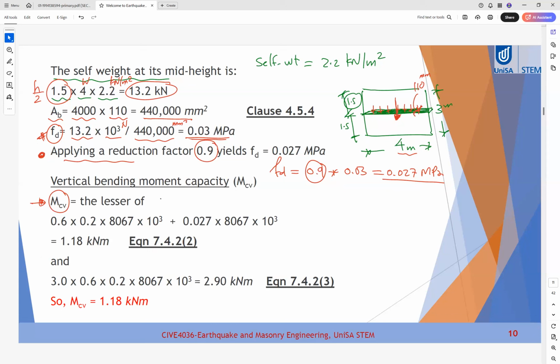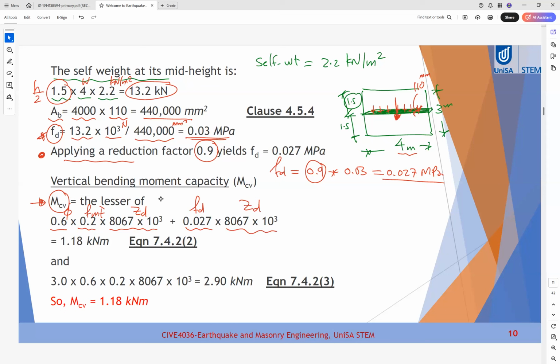So we have 0.6 times FMT dash, so we have pi FMT dash 0.2. What is this value? This value is ZD, the section modulus, plus we have here FD, the compressive strength, times ZD.